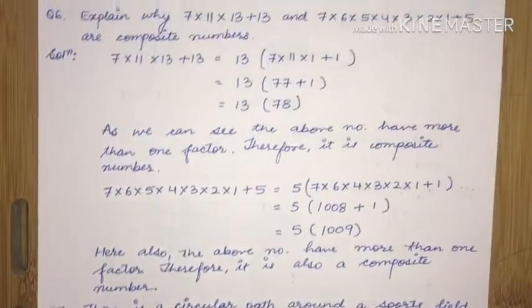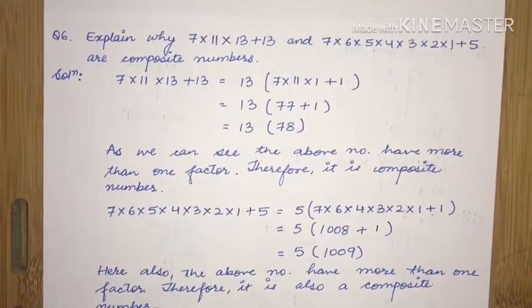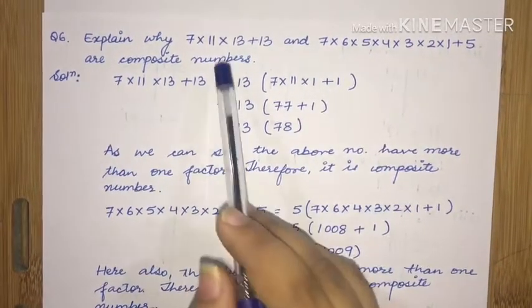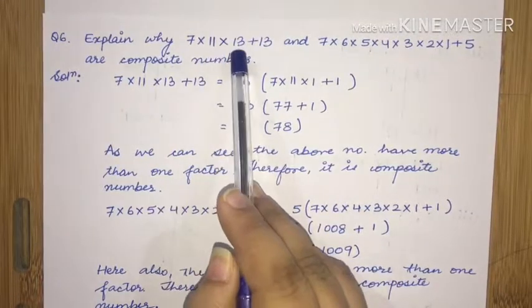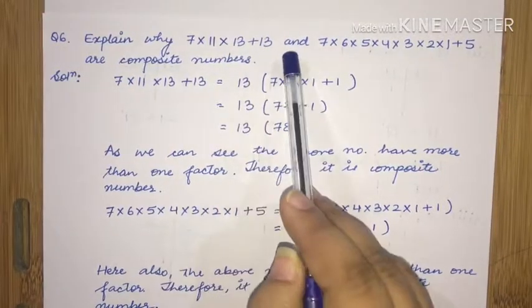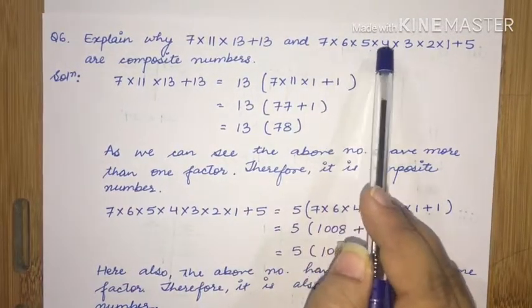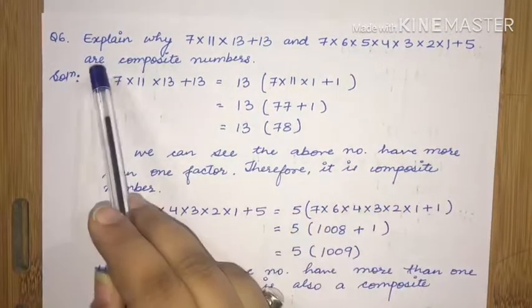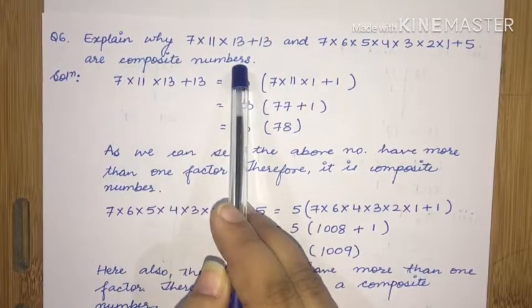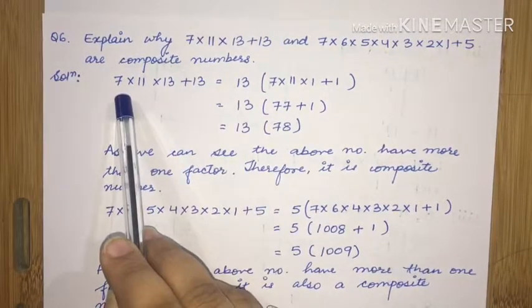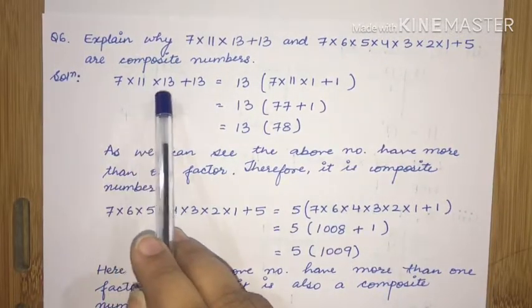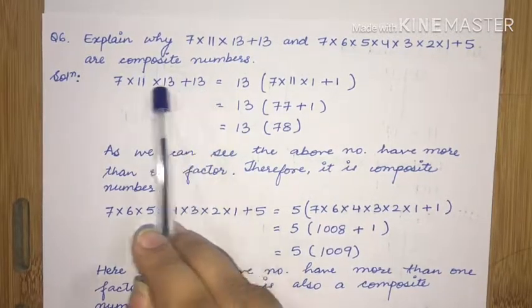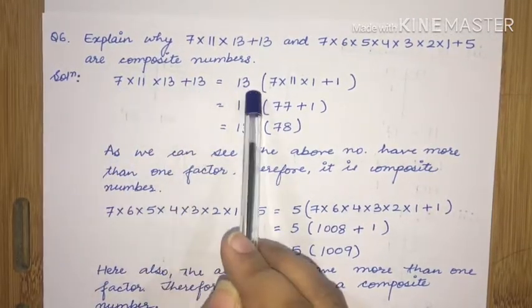Now, next question is, explain why 7 into 11 into 13 plus 13 and 7 into 6 into 5 into 4 into 3 into 2 into 1 plus 5 are composite numbers. So let's take the first number, which is 7 into 11 into 13 plus 13. In this we can see 13 is common.